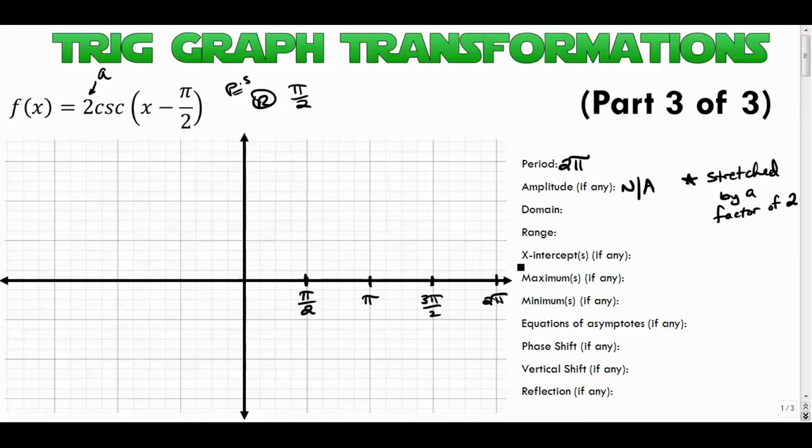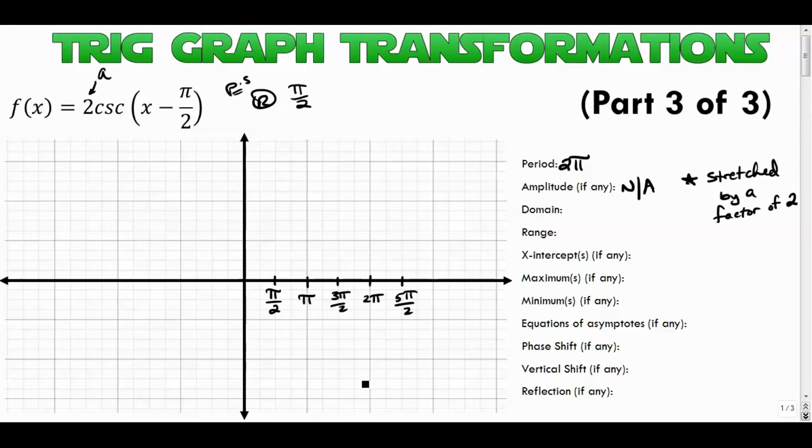I don't have enough space on my graph, so I need to change my scaling. Maybe I'll make this pi over 2 right there, which means this is pi, 3 pi over 2, 2 pi.